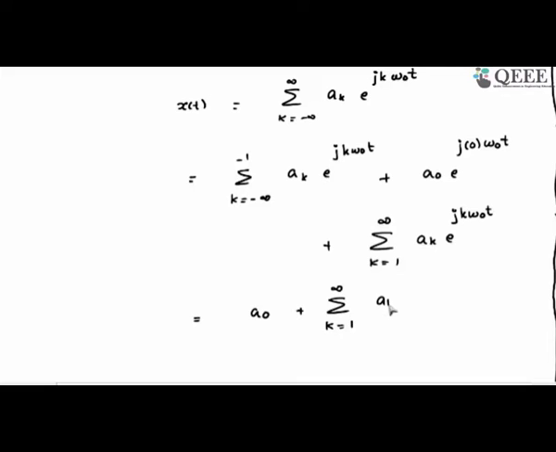This is a k e power j k omega naught t plus a minus k e power minus j k omega naught t. So the negative harmonics are represented using a minus k e power minus j k omega naught t, and the positive harmonics are a k e power j k omega naught t. I am grouping these two under one single summation.